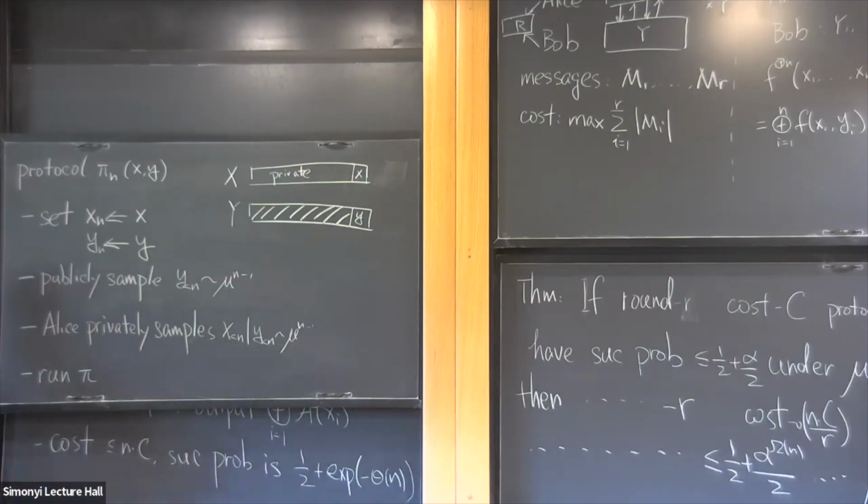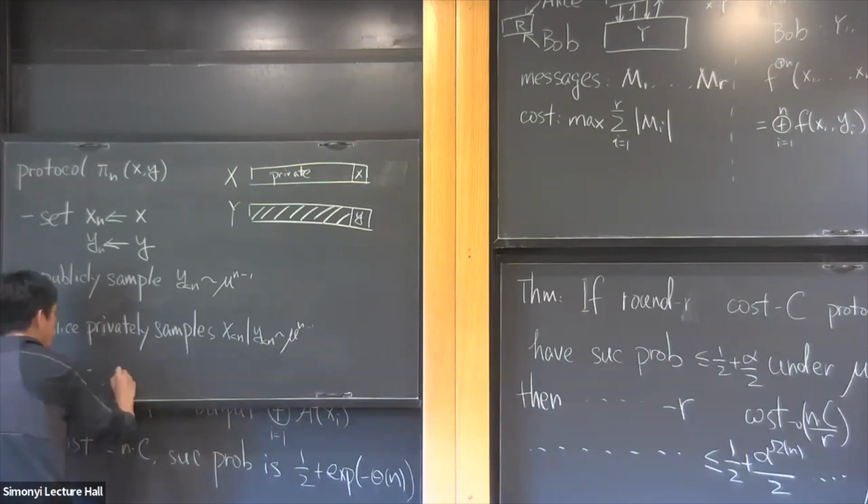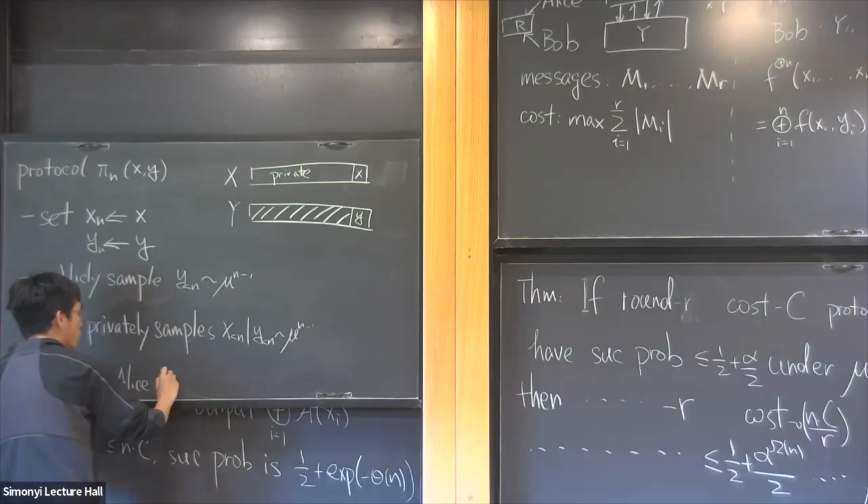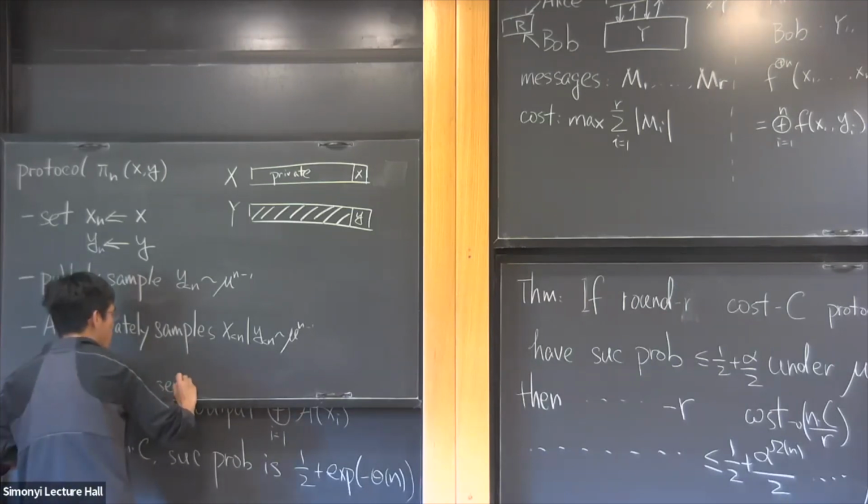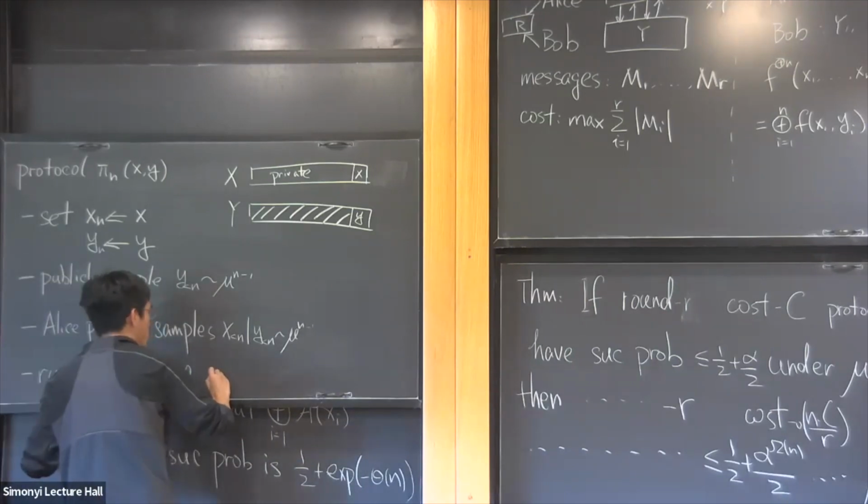Recall that their goal is to just compute f of the last coordinate, but observe that Alice actually knows everything about the first n-1 coordinates through the public or private random points. So we will just let Alice send the XOR of the first n-1 coordinates for Bob to XOR it out.